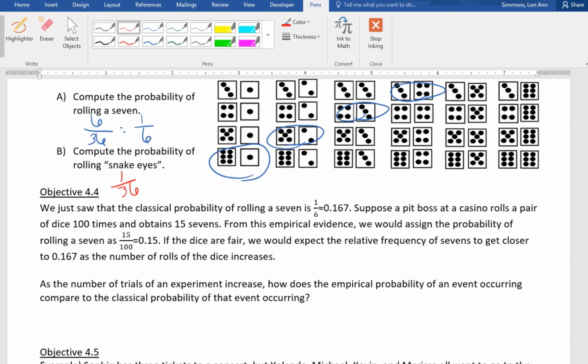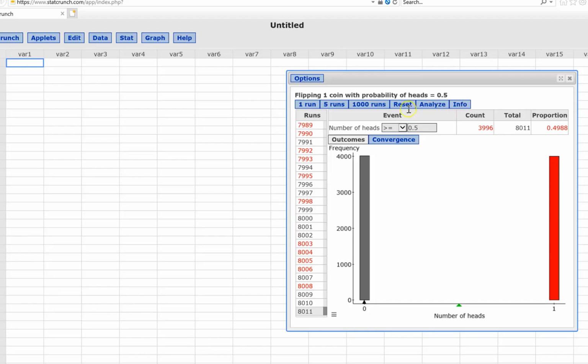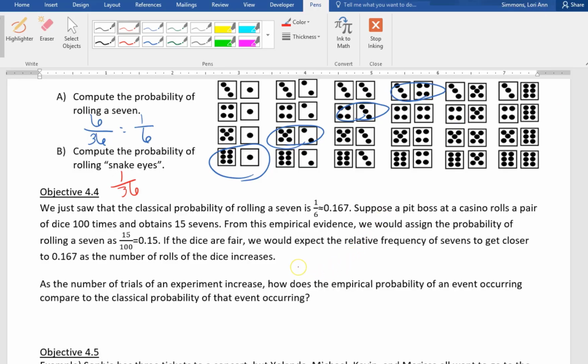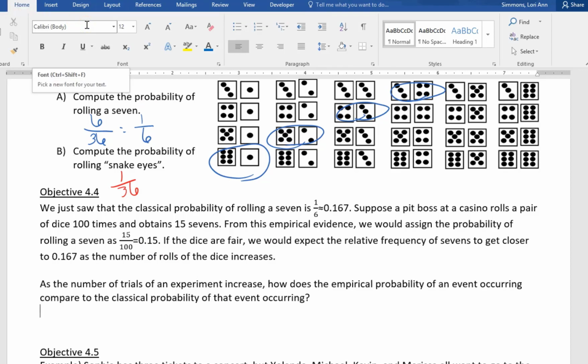So kind of like when we did the coin flips, as the trials increase, so these are the empirical, as they increase, we're going to get closer and closer to the classical, which is going to be your 0.5. So as the number of trials of an experiment increase, how does the empirical probability of an event occurring compare to the classical probability of that event occurring?